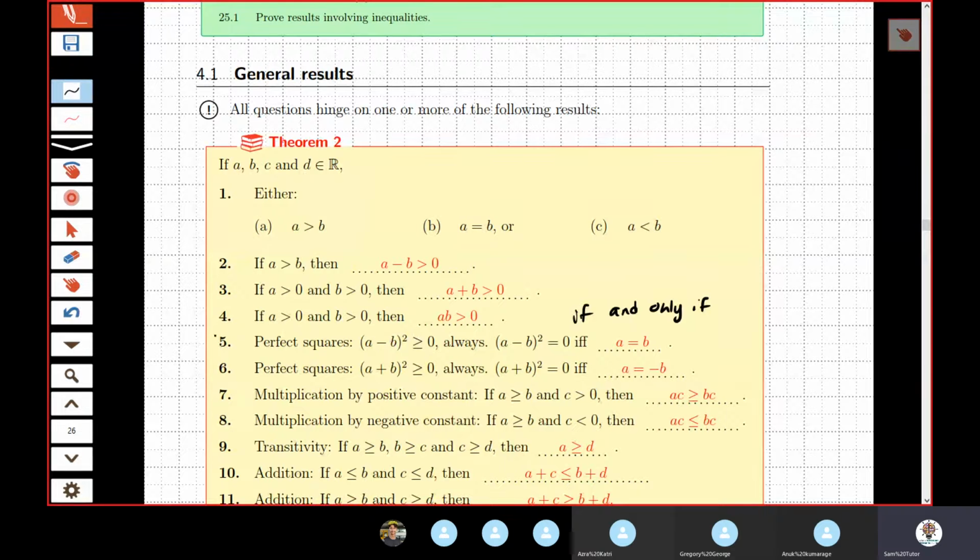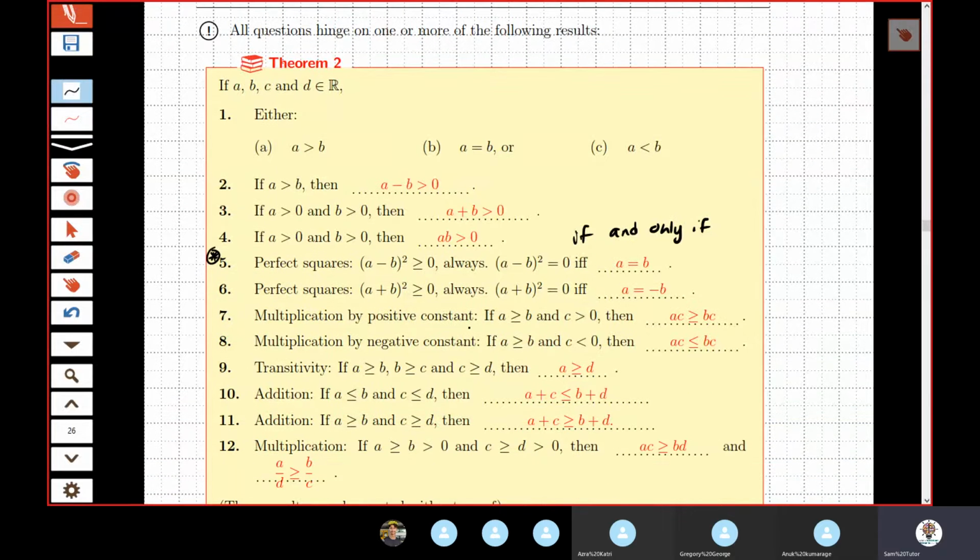So that one we're going to use a lot of. So (A minus B) all squared is greater than or equal to 0 always. But (A minus B) all squared is equal to 0 if and only if A is equal to B, of course. And then (A plus B) all squared is also greater than or equal to 0 always. But (A plus B) all squared is equal to 0 if and only if A is equal to negative B. Yep.